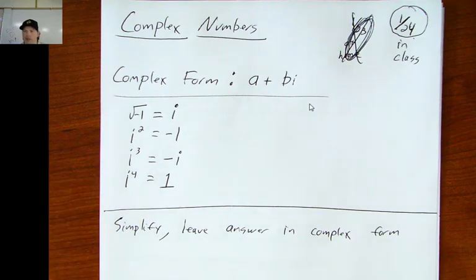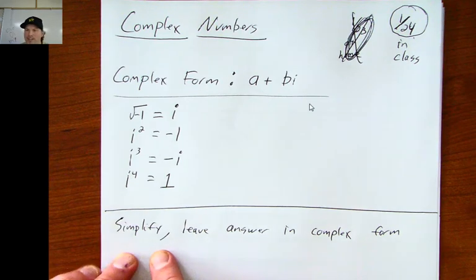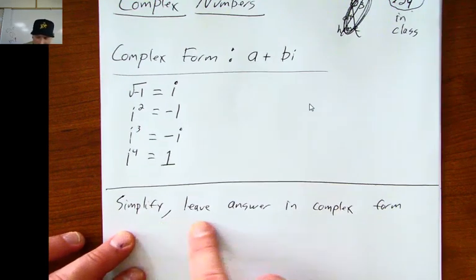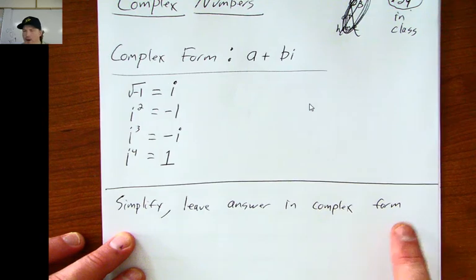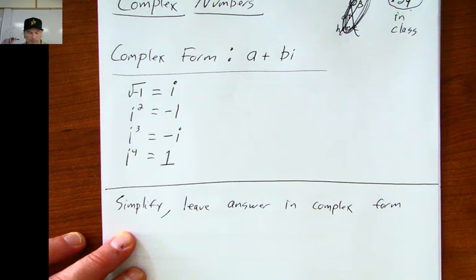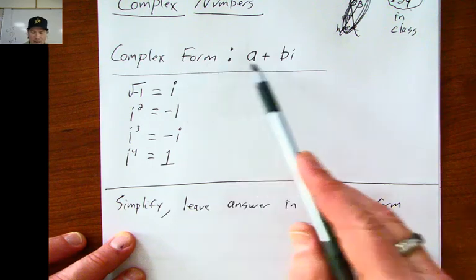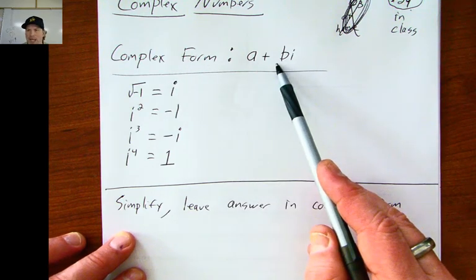Now, in these problems, I'm going to be doing 13 examples, and in these 13 examples, we want to leave our answer in complex form. And what you're going to learn in the instructional part tomorrow in class is that complex form is a plus bi.